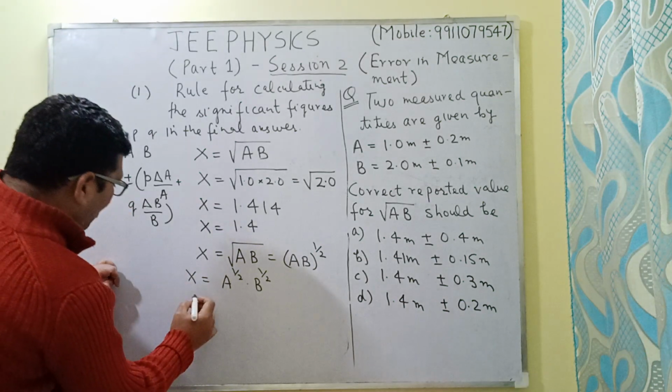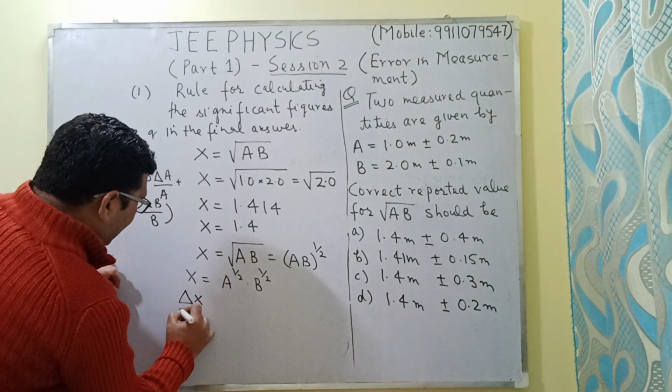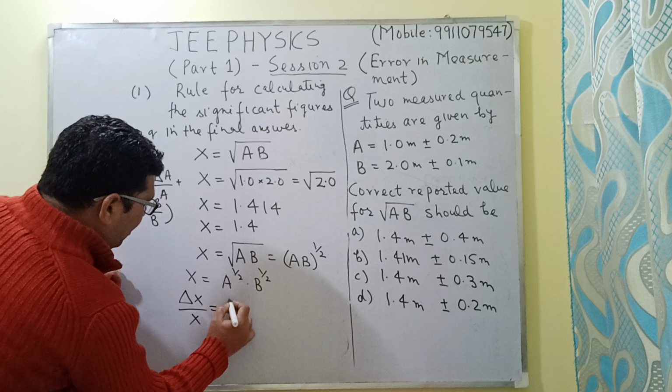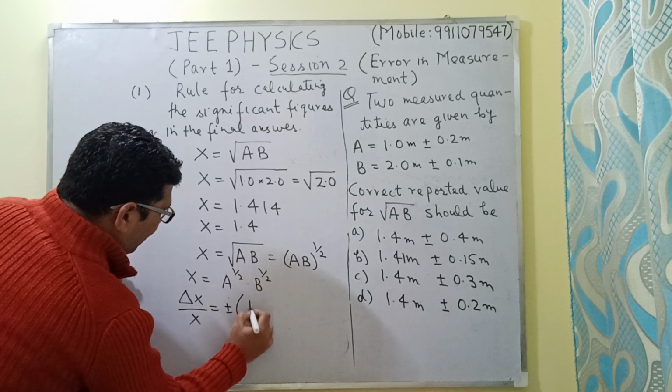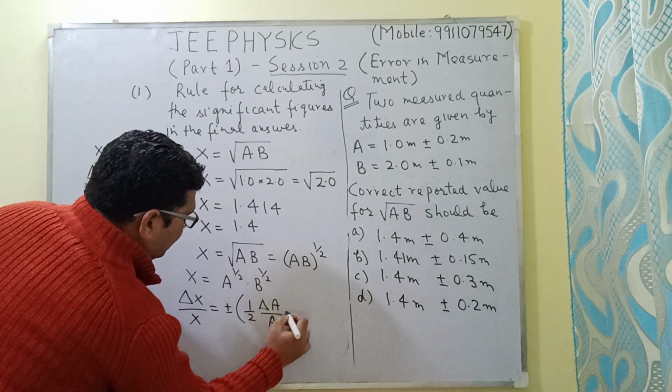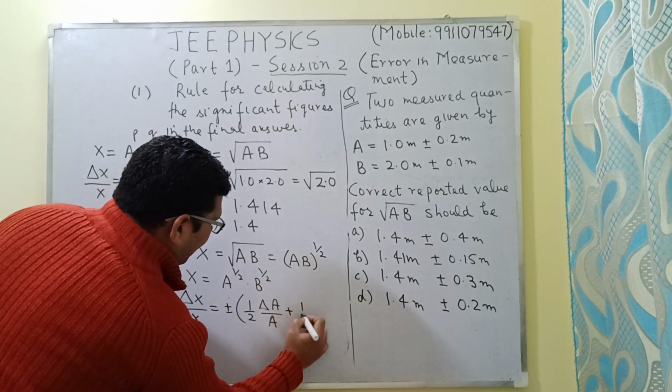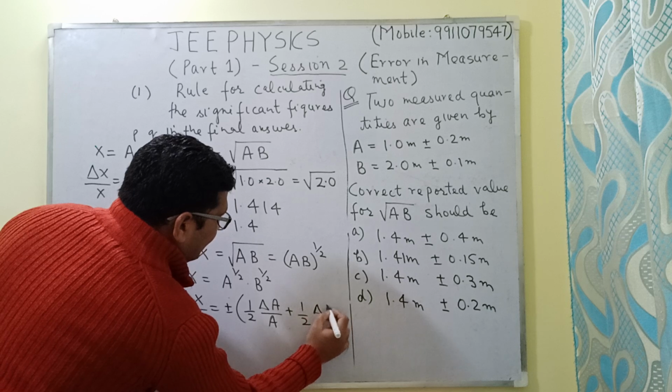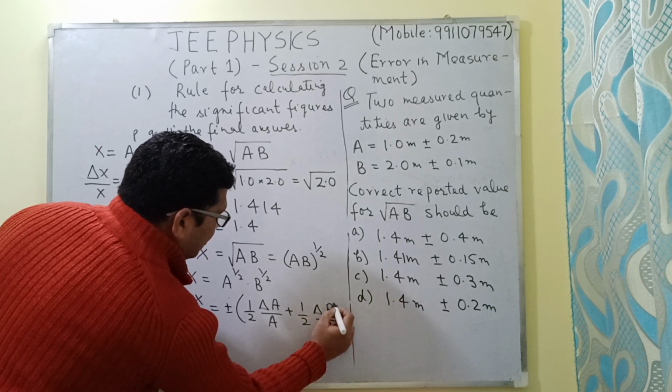Using this formula, I will be getting delta x upon x is equal to plus minus 1 by 2 delta A upon A plus 1 by 2 delta B upon B.